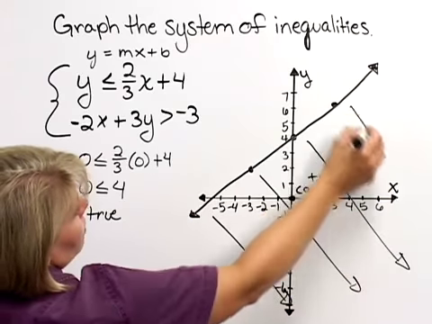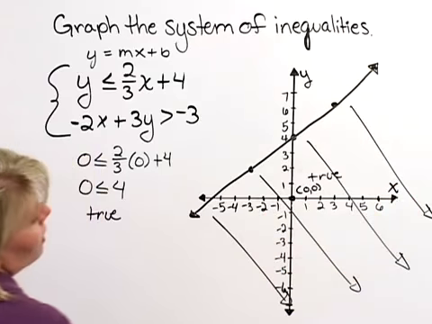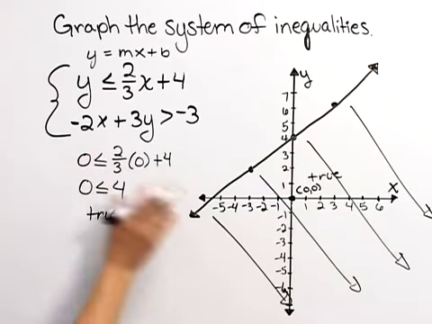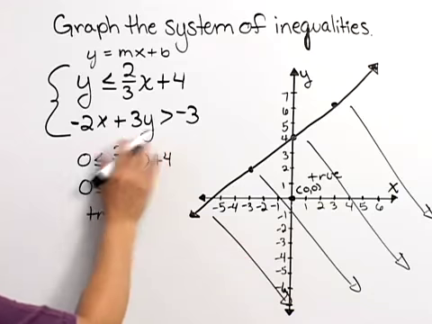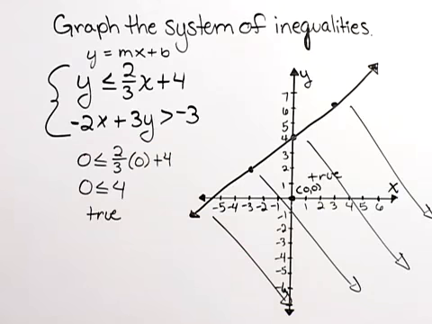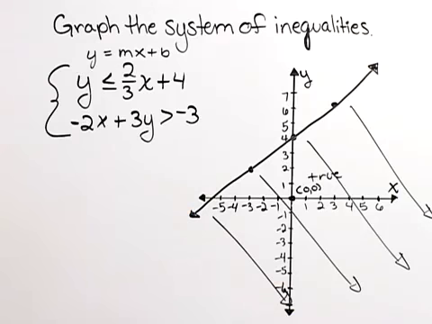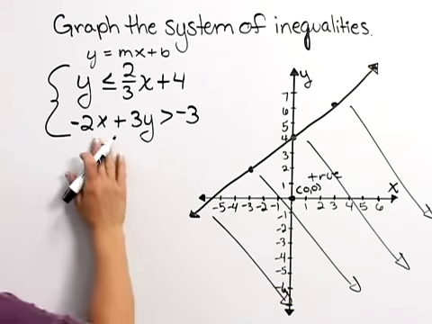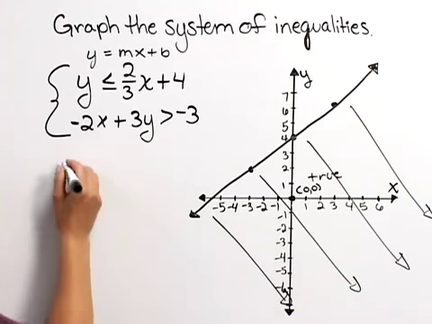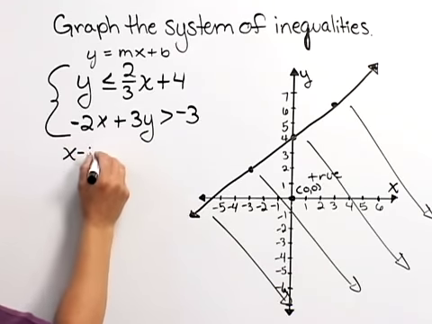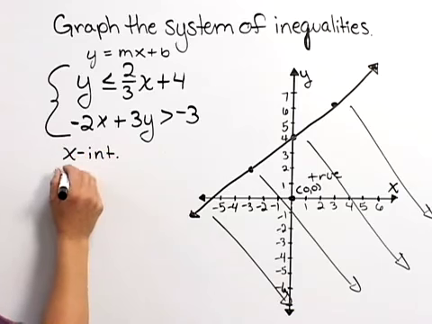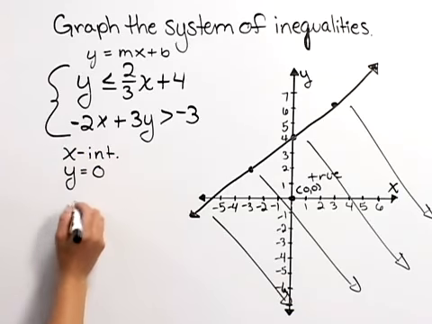Now, we're not looking for just where this one gets shaded, but for where this one's shading overlaps with the second one. So let's go ahead and graph the second one. Since your second one happens to be in standard form, we'll use our intercepts to graph this. So let's first find our x-intercept. On our x-intercept, y is 0.